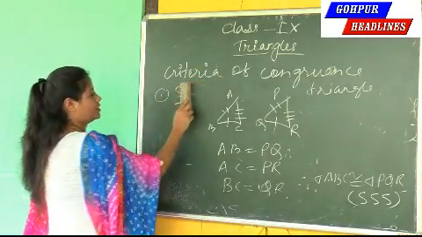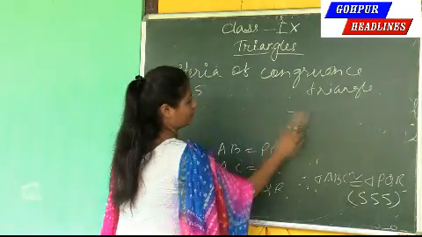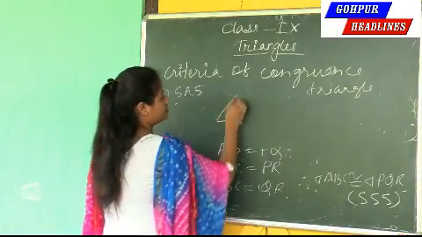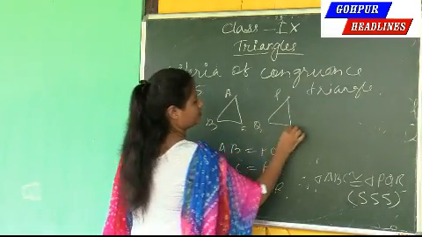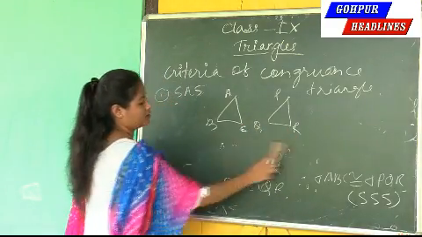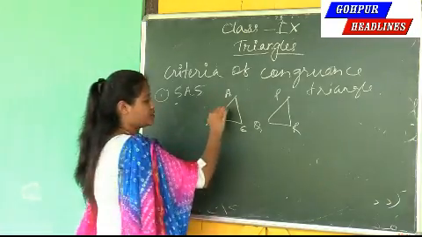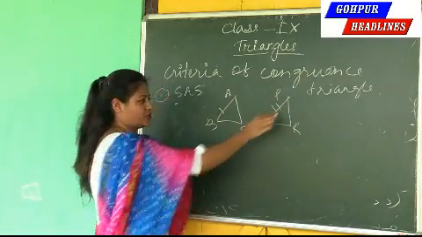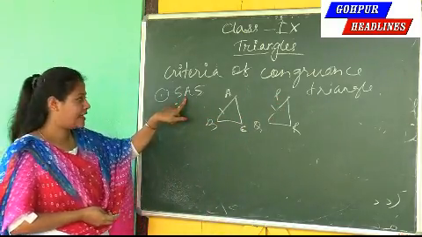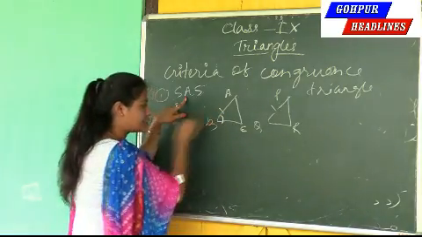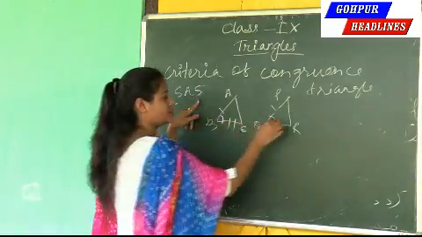Next comes side, angle, side. When two triangles are congruent according to side, angle, side, taking these two triangles, suppose AB equals the corresponding side PQ, and the angle is between them, so this angle is equal to this angle, and again this side equals this side.